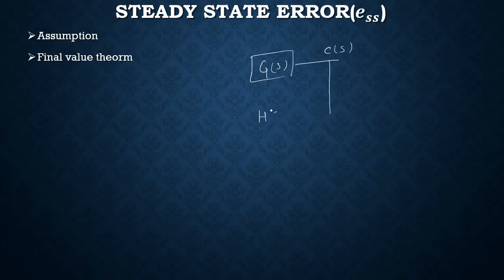This is a non-unity feedback, H(s) is not equal to 1, and we are giving a command. What we can do in this case is add +1 and subtract -1 in the system, and nothing happens to the system.